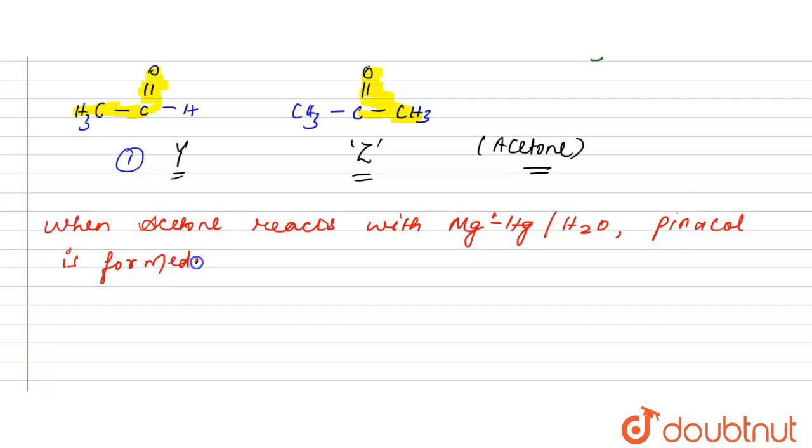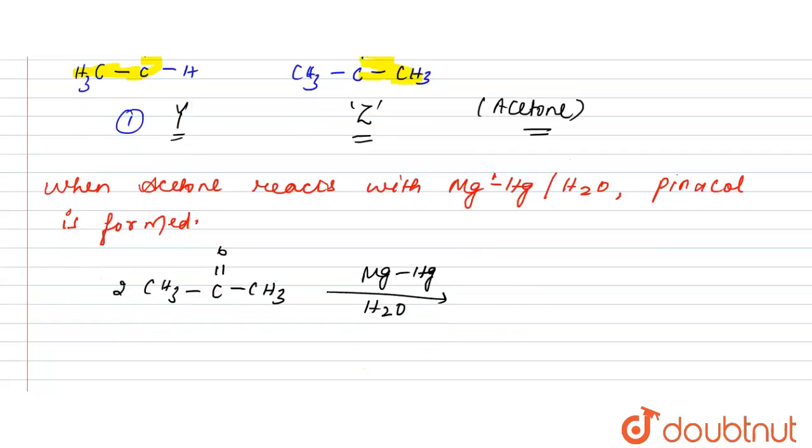I will tell you how the reaction takes place. Actually, 2 moles of acetone react in presence of MgHg and water to finally give the formation of CH3, C, OH, CH3.